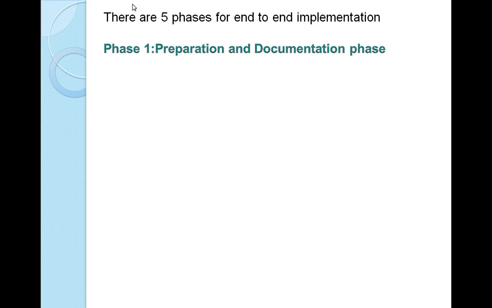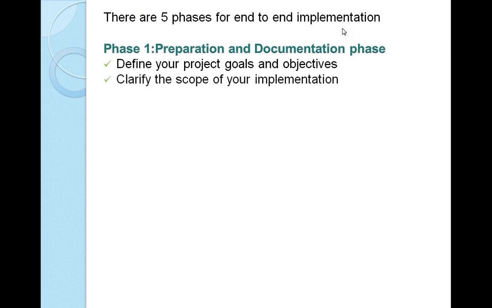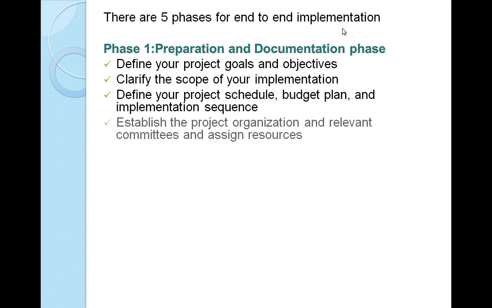So what is the first phase? Preparation and documentation phase. In this phase, define your project goals and objectives, and clarify the scope of your implementation. Define your project schedule, budget, plan and implementation sequence.